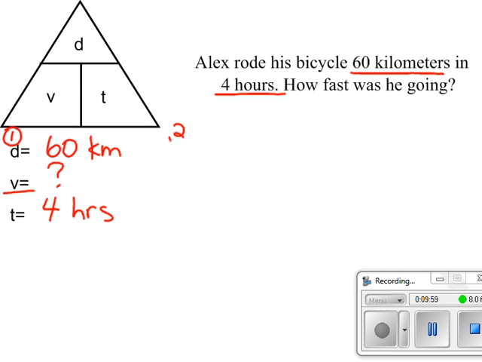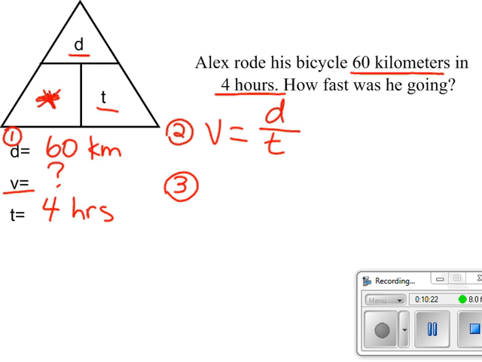All right, step 2, I need to write out my equation. I'm not going to just jump right in and plug the numbers in yet. So if I'm solving for velocity, I'm going to cover velocity up, and what I see is distance on top of time, and I'm going to write it just how it looks. Step 3, you're going to plug in your numbers.